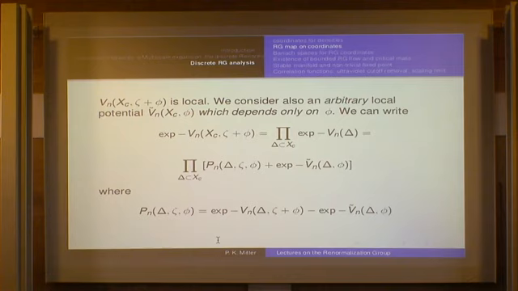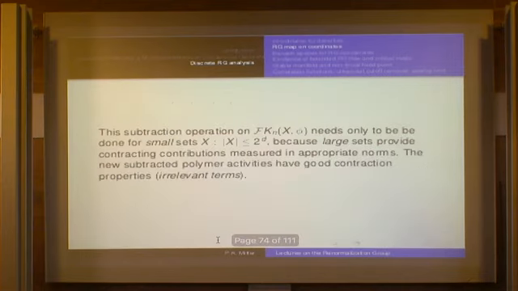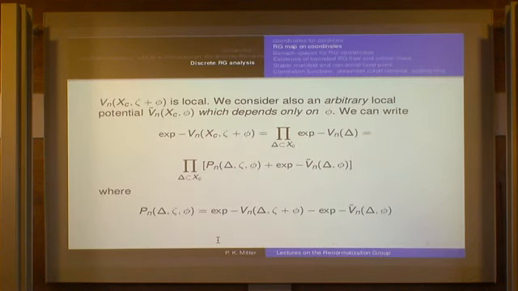Now the important point over here is that this does not depend on zeta, which is the fluctuating variable. So that's why, whereas this is zeta plus phi, this is just phi. That's why we're writing zeta comma phi.